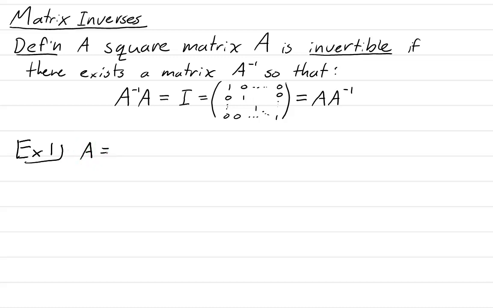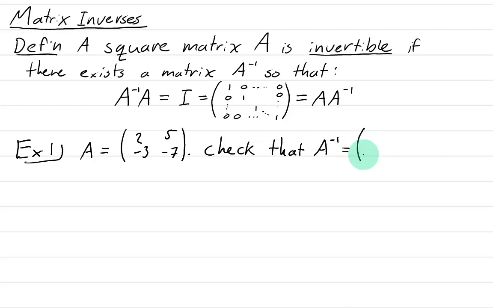Let's say A is the matrix 2, -3, 5, -7. Let's check that A inverse, which I'll just give to you this time, works. We're just going to check that it works.